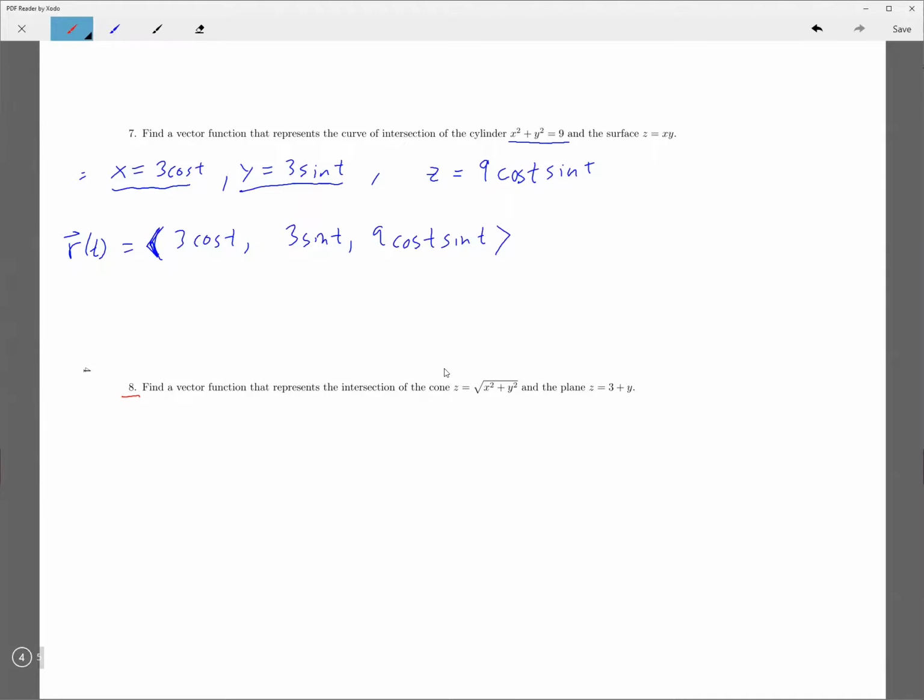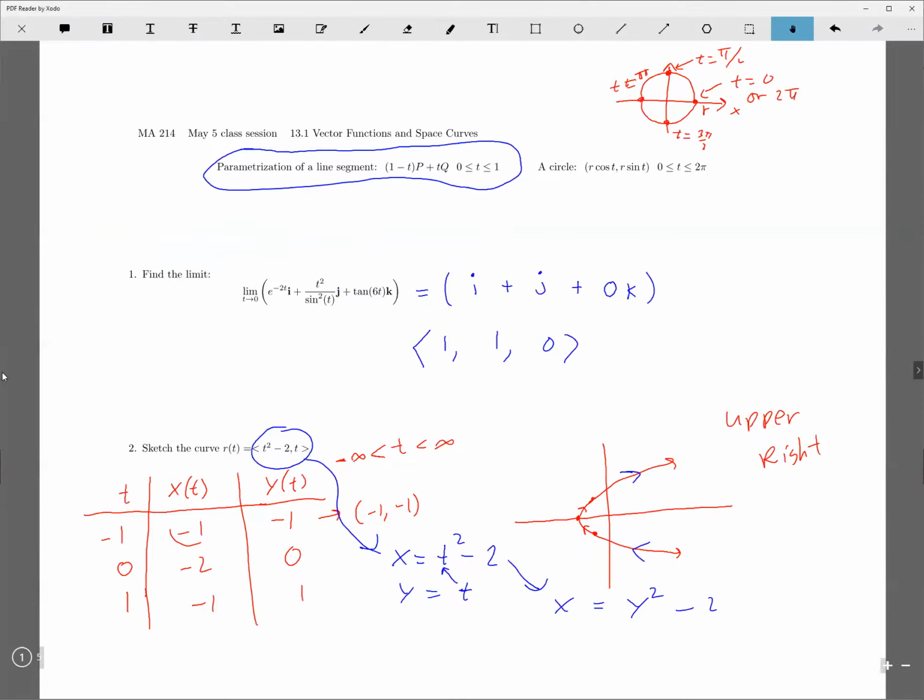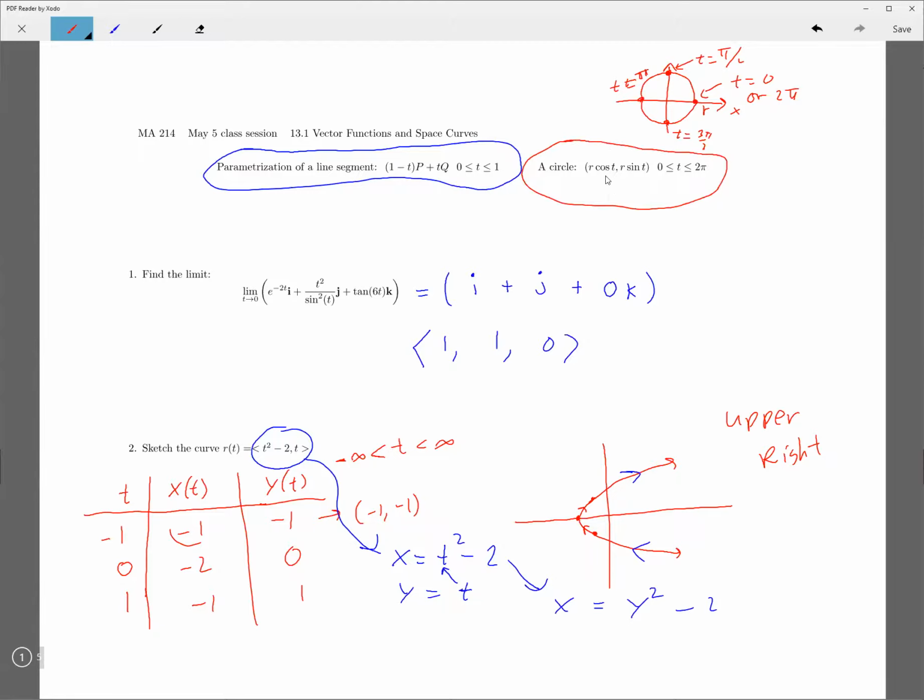I have a question for number 7. Yeah, go ahead. How do we know that we're supposed to use cosine for x is equal to 3 cosine t and then y is equal to 3 sine t? Because this is a circle. Okay. So back here on the very first page, I kind of give you an idea of how to do circles.